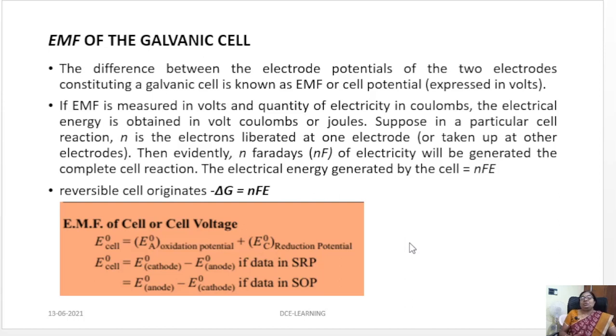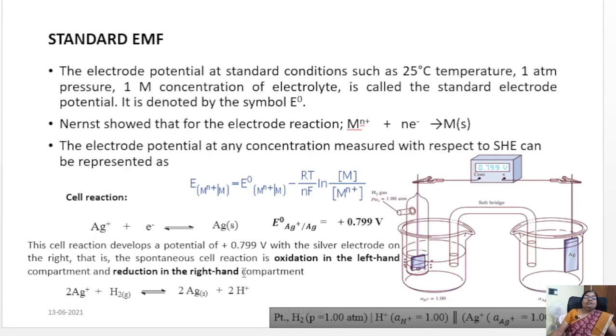From that we know whether it is a spontaneous or non-spontaneous cell reaction. An electrode that readily undergoes oxidation has a low reduction potential.